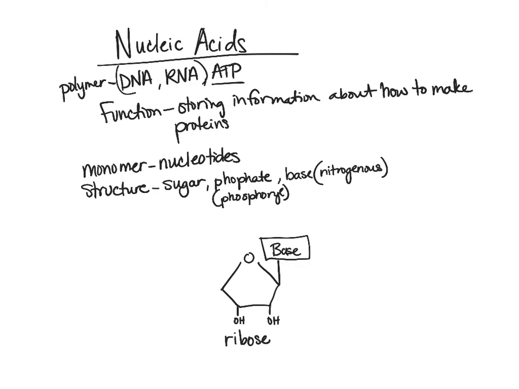So here we have our sugar, and of course these have hydrogens on them. Hydrogen here, and over here we have the hydrogen. Right here, this is our ribose sugar. Here we have our nitrogen-containing base. And then connected over here, we have our phosphate group.